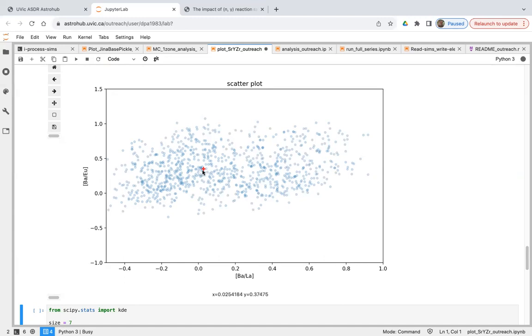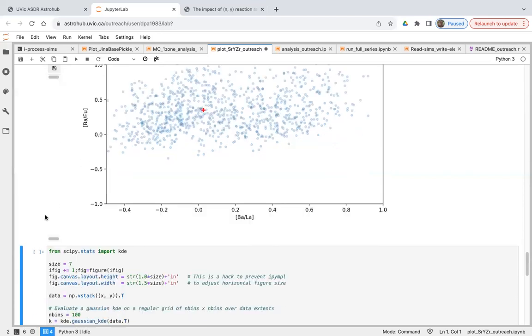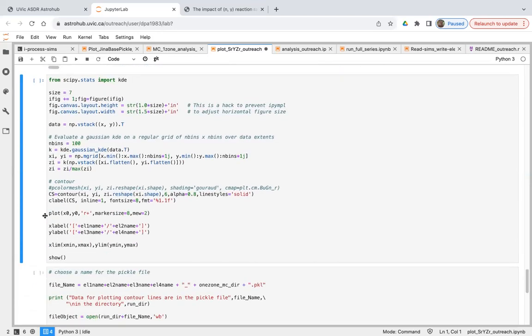The red cross shows the elemental abundance ratios for the template run, with default rates, while all these dots show the scatter of predicted elemental abundance ratios for 1000 Monte Carlo simulations that used different neutron capture rates for 1256 neutron capture reactions.